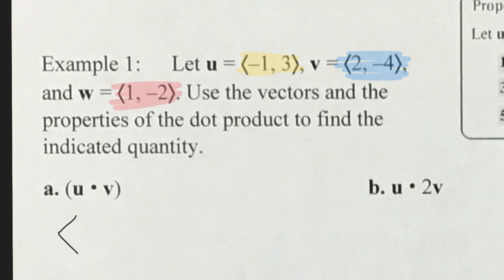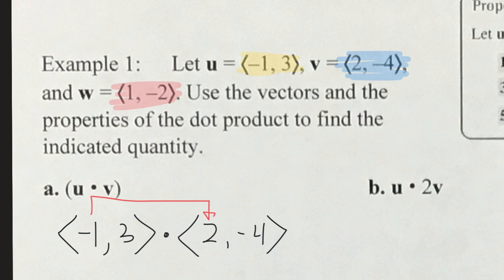So u dot v. We have -1, 3, that's our u vector, dot 2, -4, that's your v vector. The procedure says we do the x components times each other. -1 times +2 is -2, plus the y components multiplied together. 3 times -4 is -12.